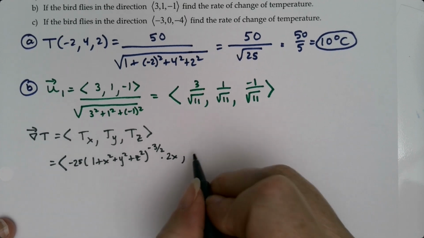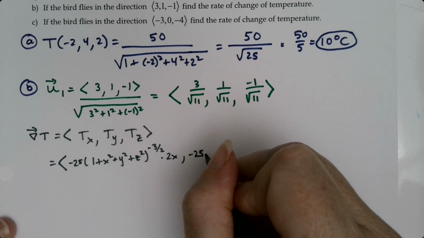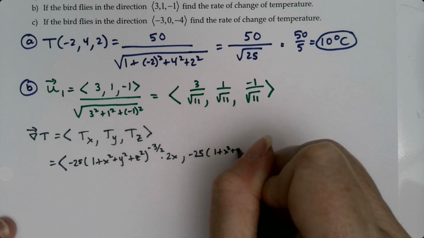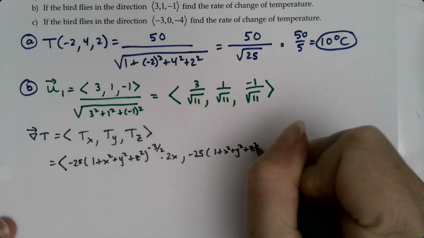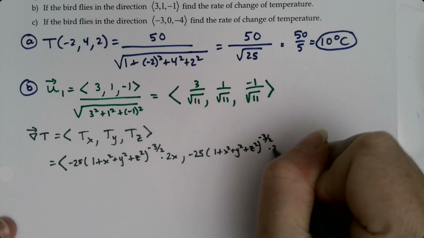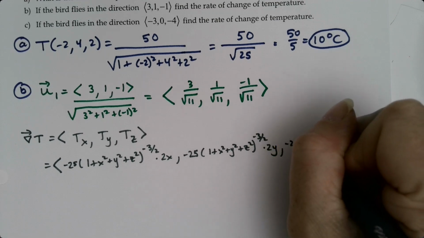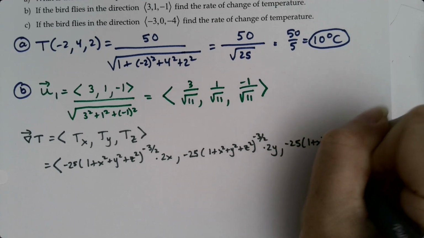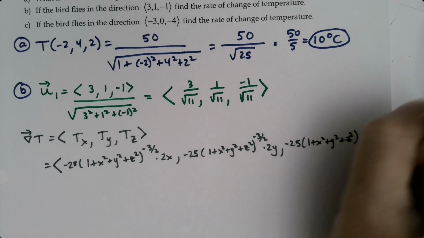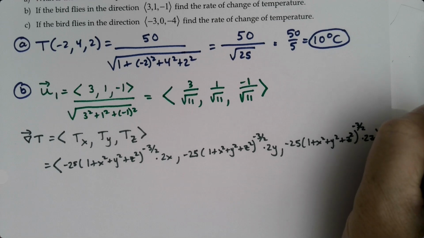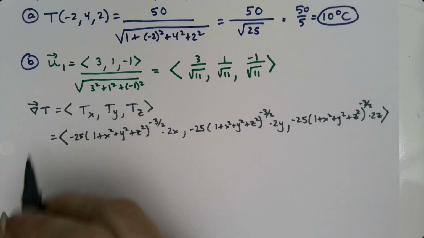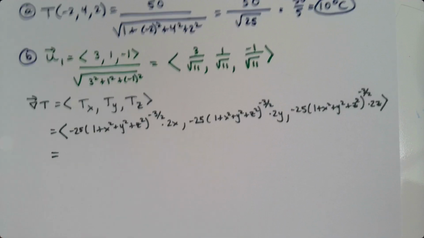And then the other ones will work the exact same way. -25 times (1 plus x squared plus y squared plus z squared) to the -3/2 times 2y, and then -25 times (1 plus x squared plus y squared plus z squared) to the -3/2 times 2z, close my bracket. Ugh. All right, well, that's pretty awful.